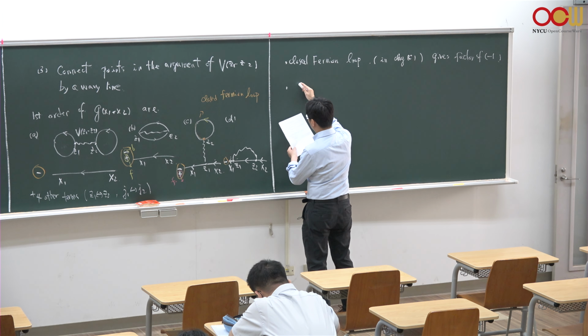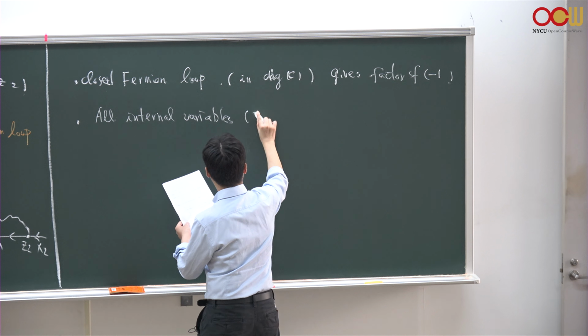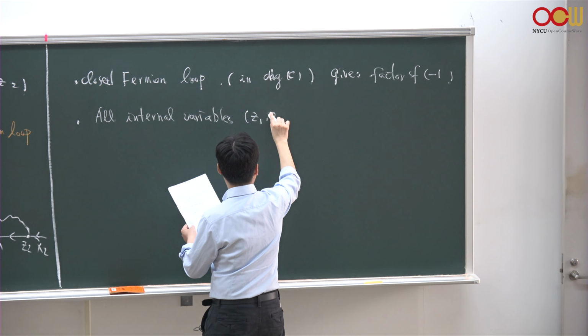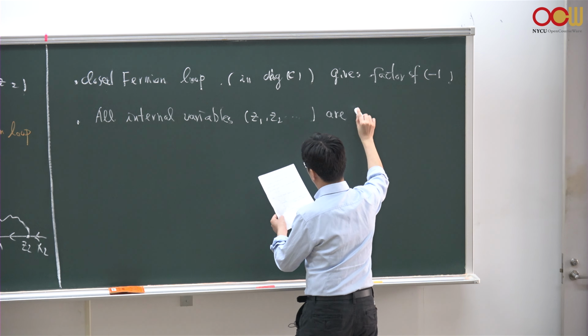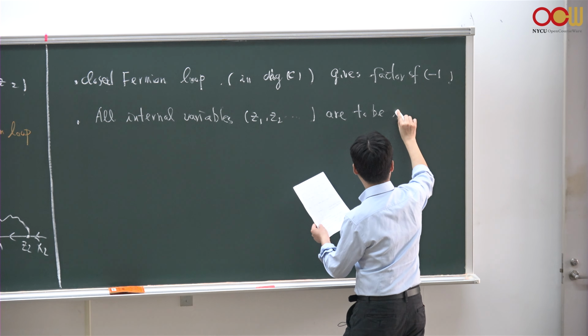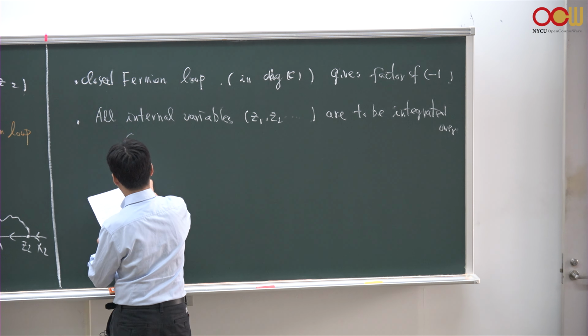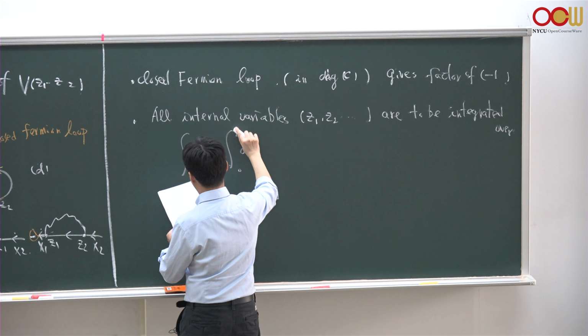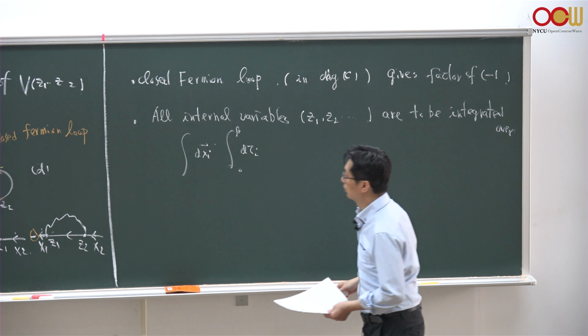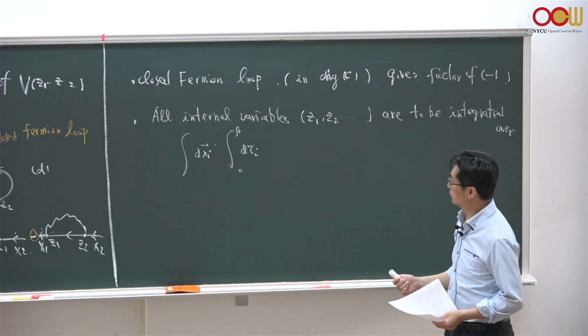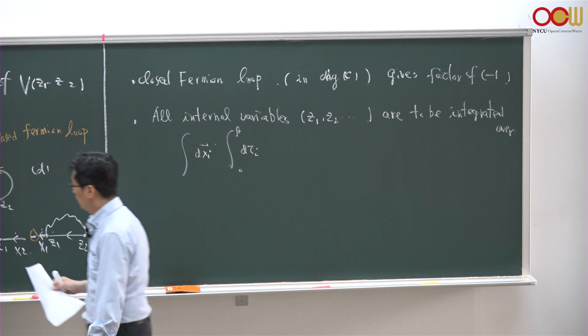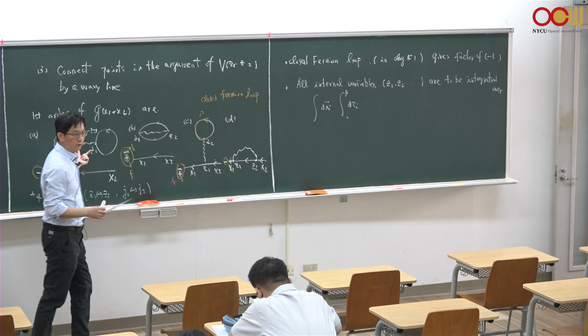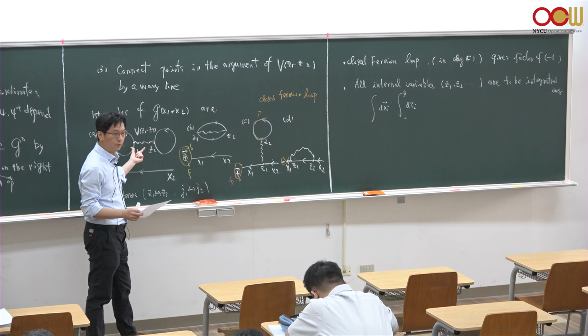And the second remark is that all internal variables, for example Z1, Z2, and so on, are to be integrated over, meaning we need to perform such a multiple integration over all the z variables. Remember, the z variables are the variables that connect these particles, and they are coupled by the interaction.